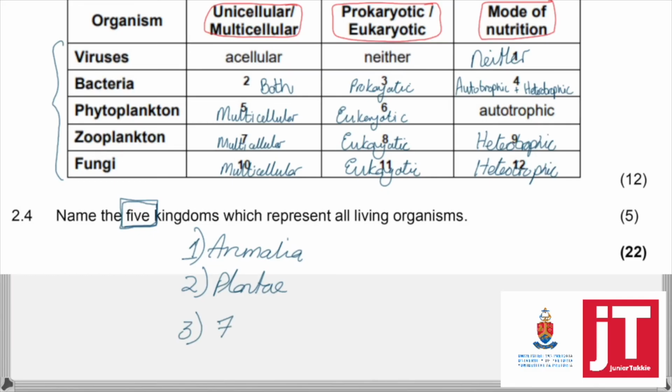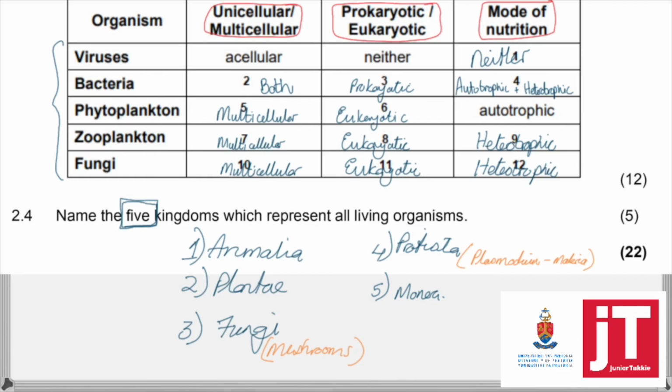We're looking at Fungi for the 3rd kingdom. We're looking at mushrooms as the example there. The 4th kingdom, Protista. And over here, our example we would have done somewhere in our curriculum is the Plasmodium parasite, which brings on malaria. And then the 5th, which is Monera.